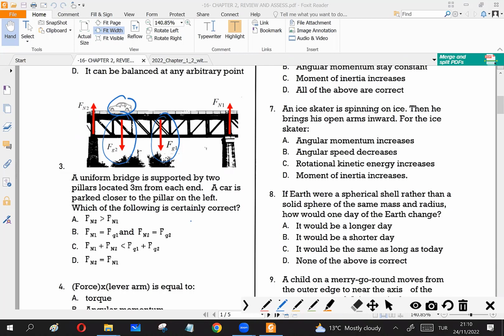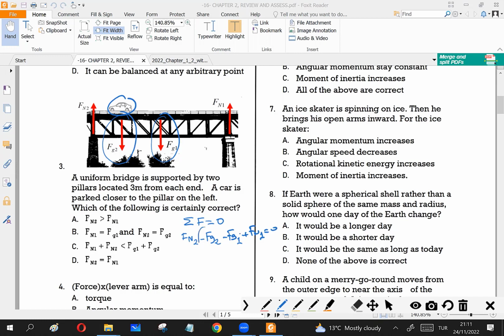That is translational equilibrium. The sum of the forces acting on the bridge must be equal to 0. So Fn1 in positive y direction, minus Fg2 in negative y direction, minus Fg1 in negative y direction, plus Fn2 in positive y direction must be equal to 0.